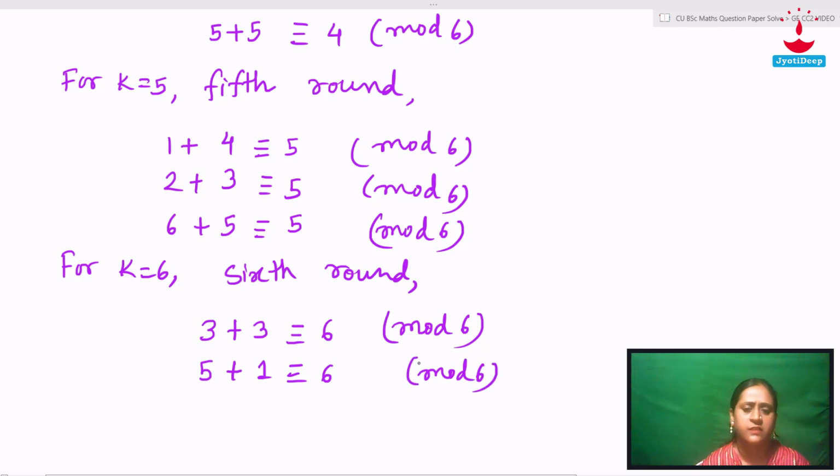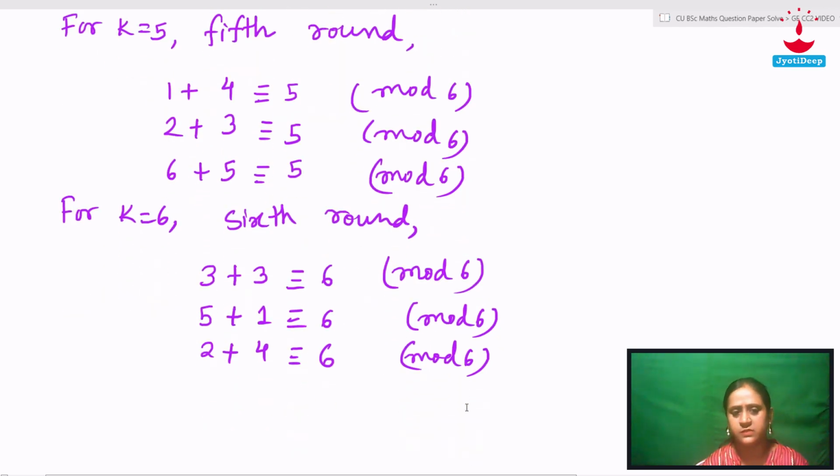Here the fifth team and the first team will play in the sixth round. Okay, 1, 3, 5 are used; 2, 4, 6 are not here. 2 plus 4 is congruent to 6 under mod 6. Okay, so 6 is not here yet. 6 plus 6 is equal to 12, in the sixth round under mod 6.